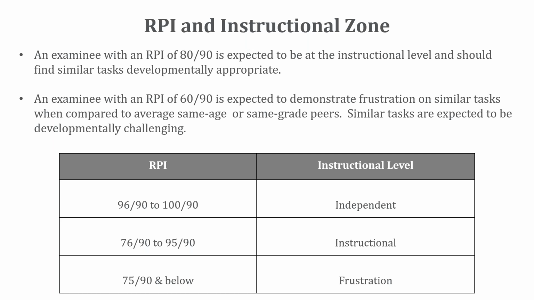If an examinee has an RPI of 6 over 90, they're going to demonstrate some frustration with those tasks, and those tasks are going to be developmentally challenging. That's not to say that you shouldn't approach those tasks. It's just they're going to need additional levels and layers of support in order to be able to access that skill.